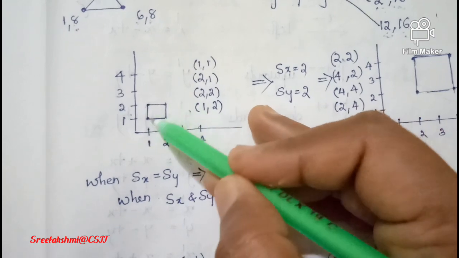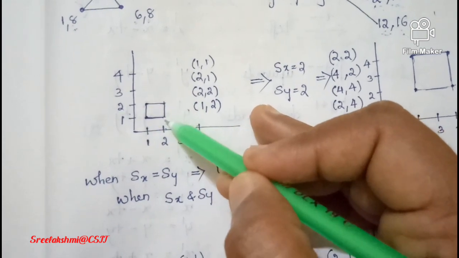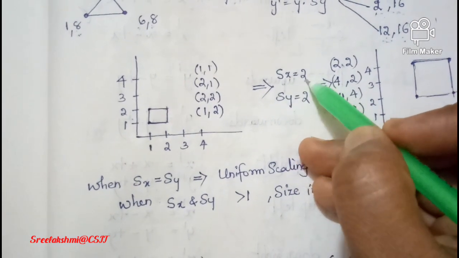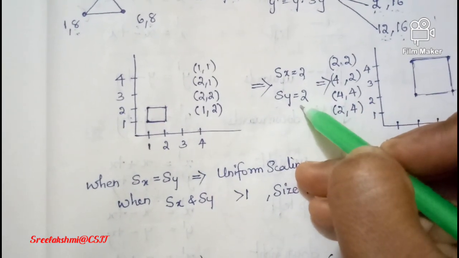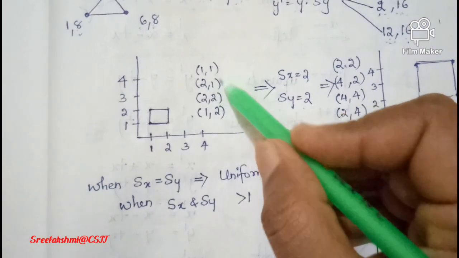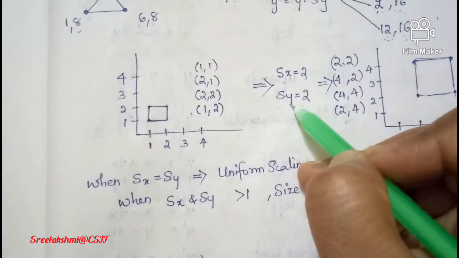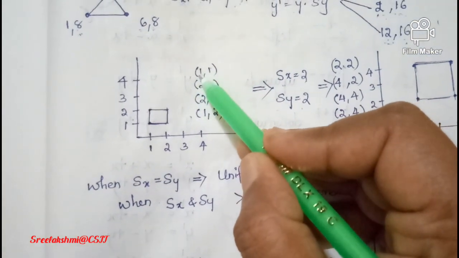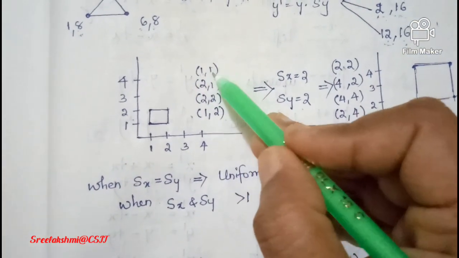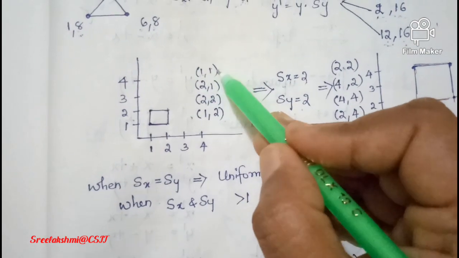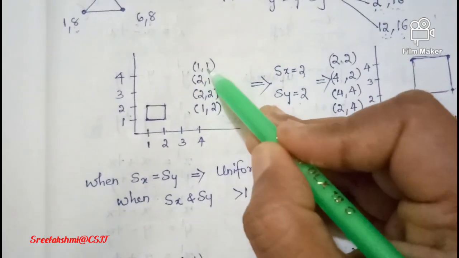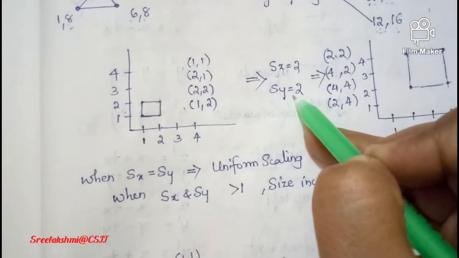There are 4 points to a square and I am going to scale this square. Scaling values are given as Sx equal to 2 and Sy equal to 2. Using the initial points and the scaling parameters, I am going to compute the new points. For each point, every x will be multiplied by Sx and every y will be multiplied by Sy.